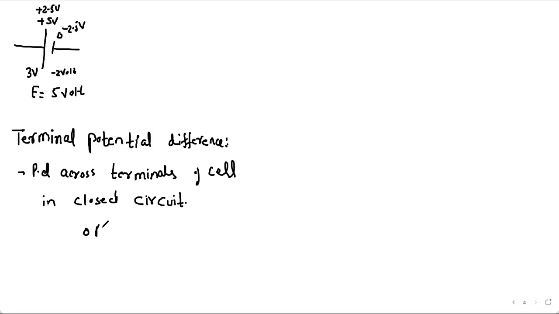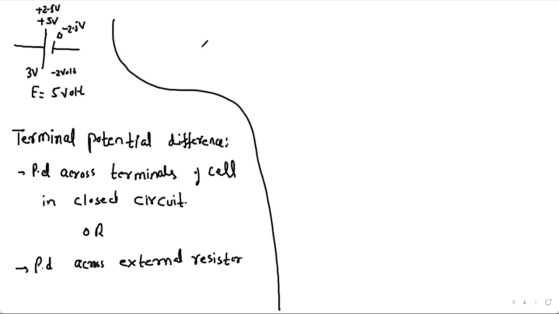You can define it in one more way. It is potential difference across external resistor. So the potential difference across the external resistor is the terminal potential difference. I'm giving you some examples. Like I take this cell. Let's say the EMF of the cell is 10 volt.